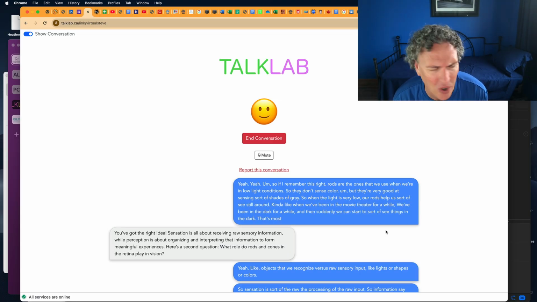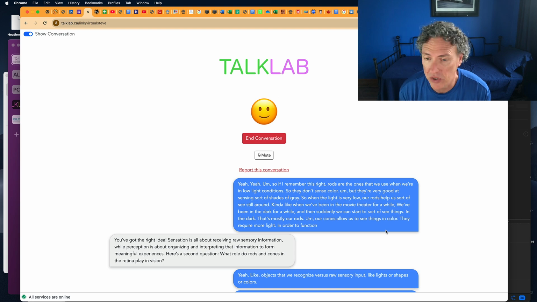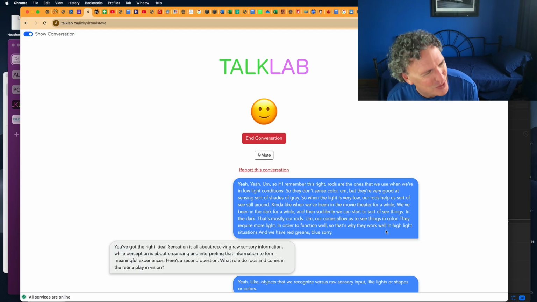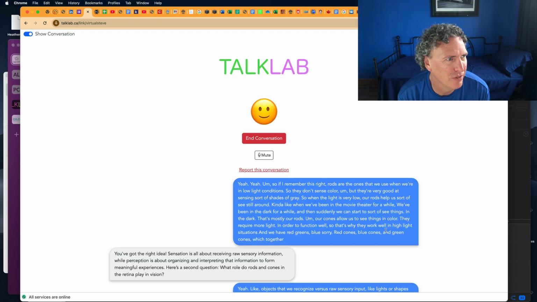That's mostly our rods. Our cones allow us to see things in color. They require more light in order to function well, so that's why they work well in high light situations. And we have red cones, blue cones, and green cones, which together form our perception of all the colors we're able to see.